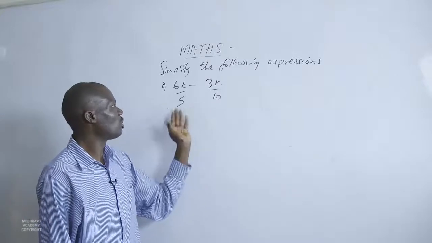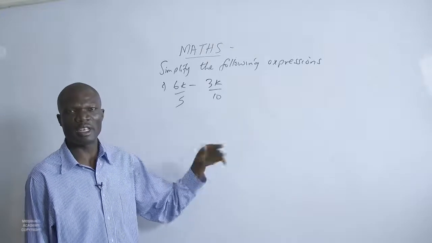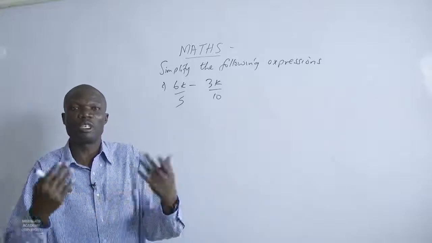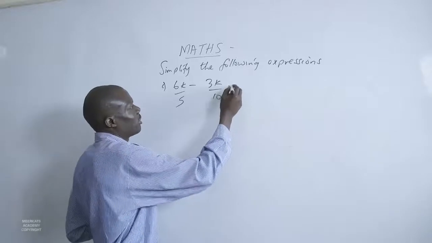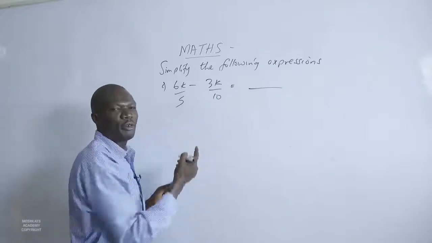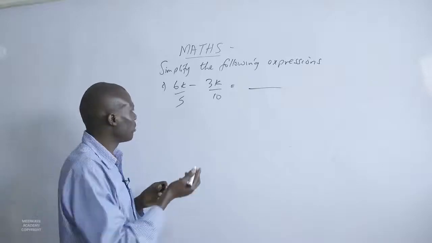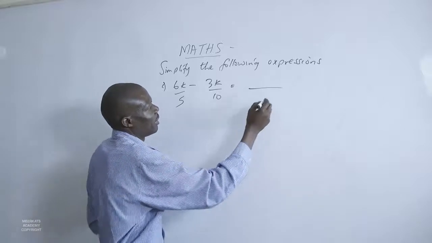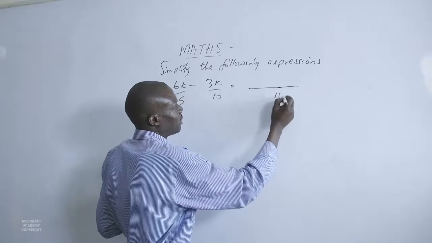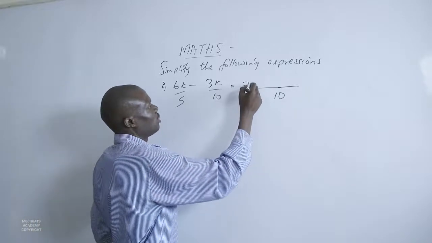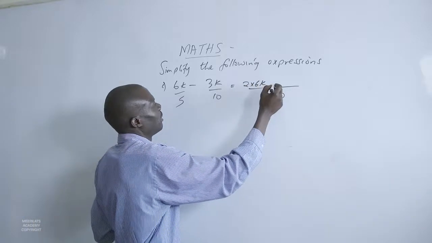Looking at the two, you'll find that one of the denominators is a multiple of the other. If that is the case, then the one that is a multiple is our least common denominator. You realize that 10 is a multiple of 5. Therefore, 10 is our least common denominator. 10 divided by 5 is 2, then 2 multiplied by 6k.